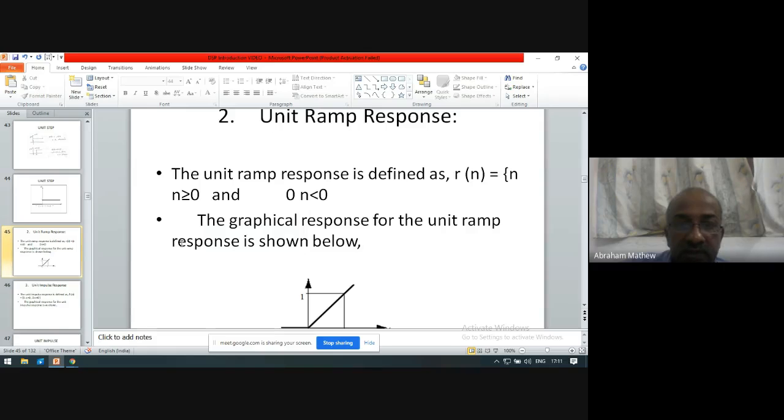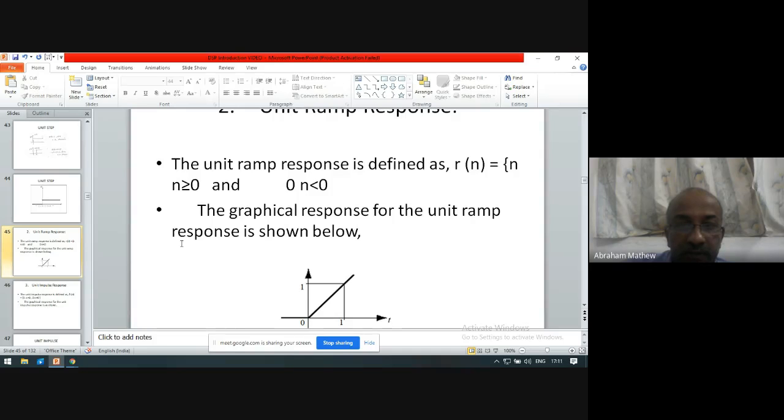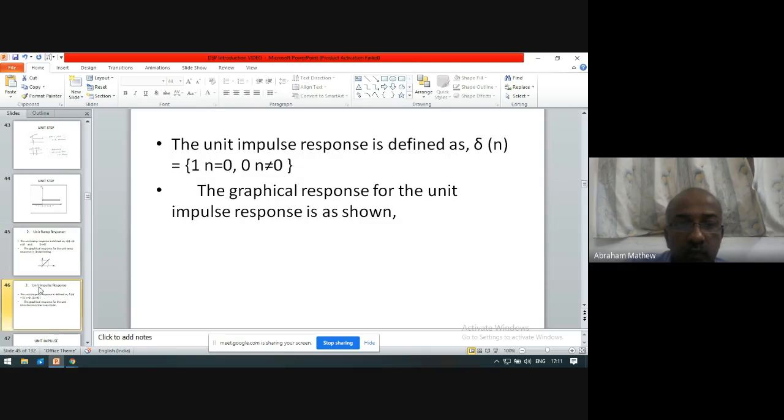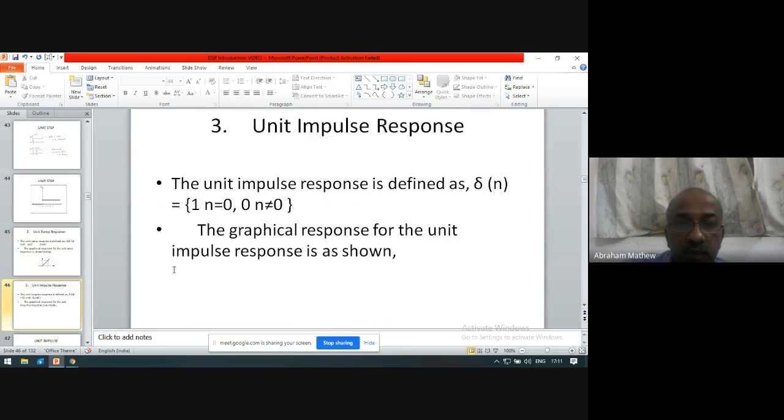A unit ramp is represented as r of n is equal to n for n greater than or equal to 0. A unit ramp signal. A unit impulse is represented as delta of n is equal to 1 for n equals 0.